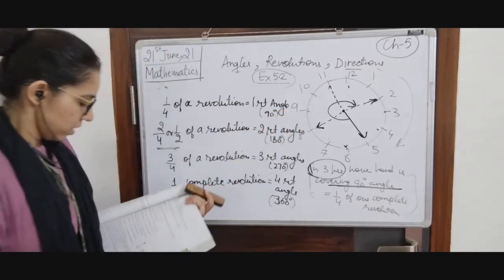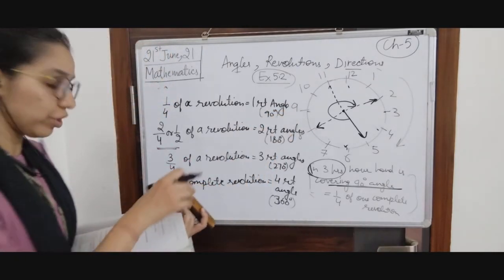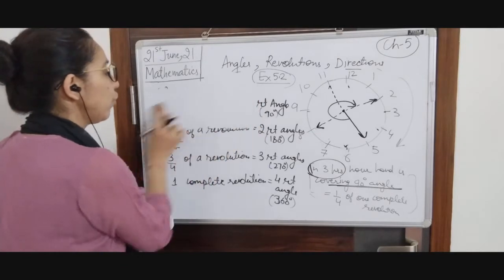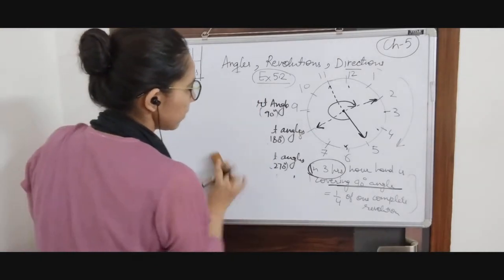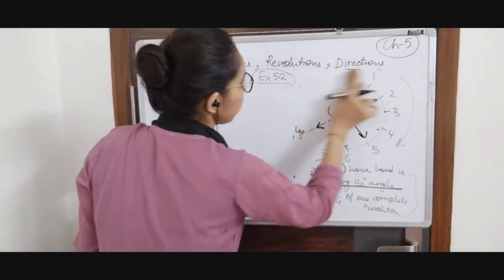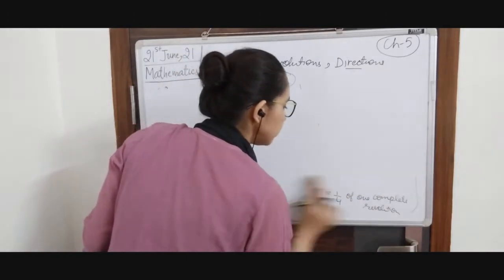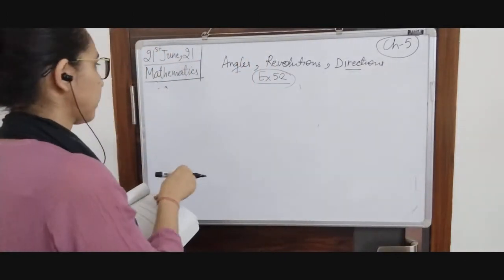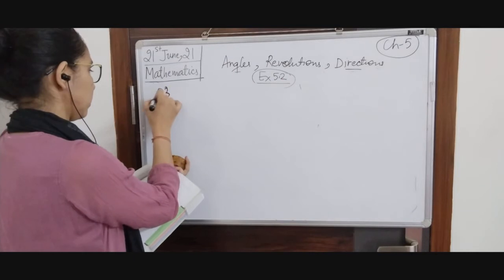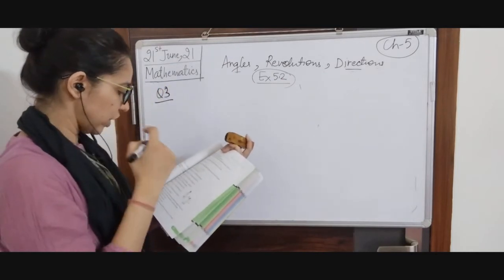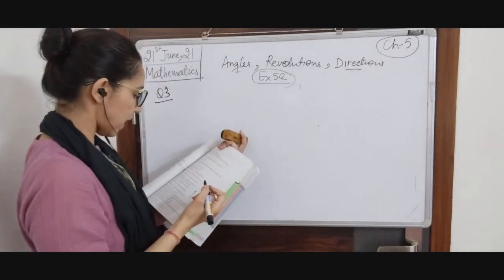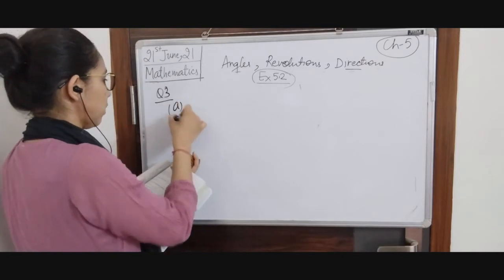Okay. Now we are moving on to question number 3. In question number 3, we are given the directions. So we are going to indulge in the directions now. Question number 3. Direction. Which direction will you face if you start facing east?